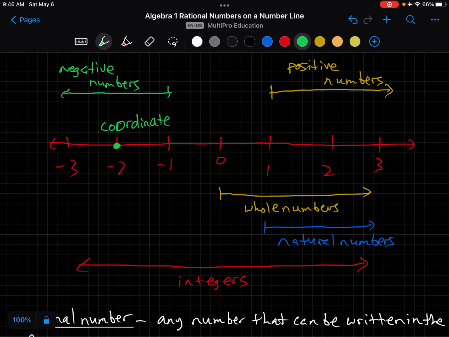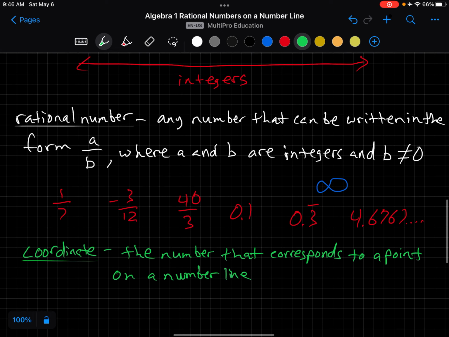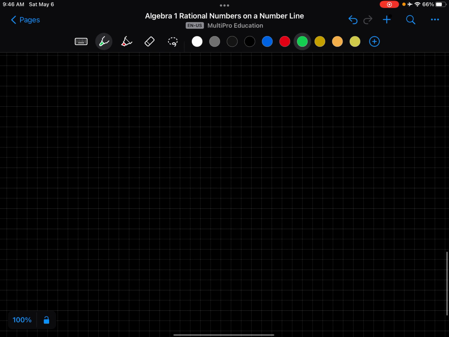Remember, we did that earlier. We were looking for -2 on the number line, and we put a dot there at -2, and that is a coordinate.